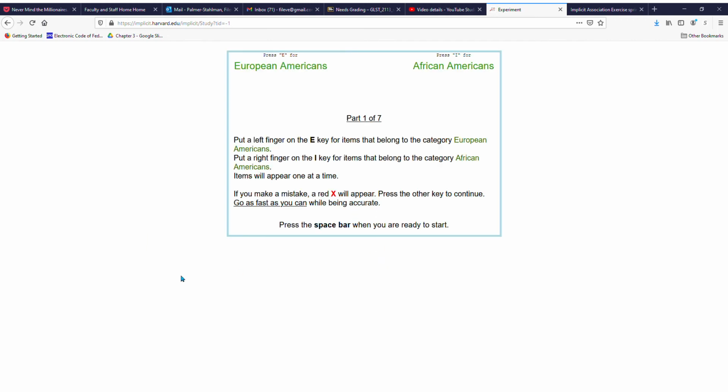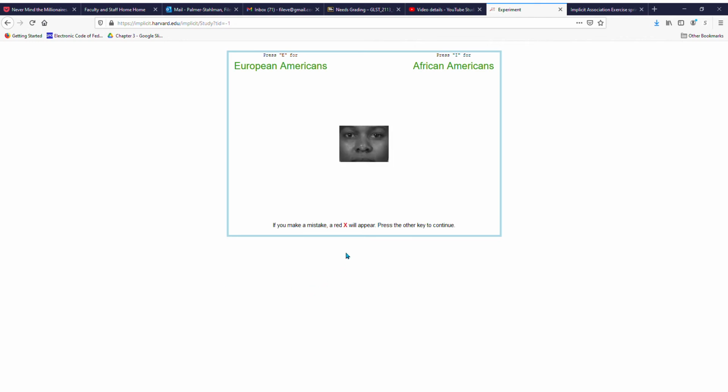Then you will click continue. Again, you're only using the E key or the I key and the space bar. To begin, press the space bar and then you click on the appropriate key. So in this case, I is African American, E is Euro American.